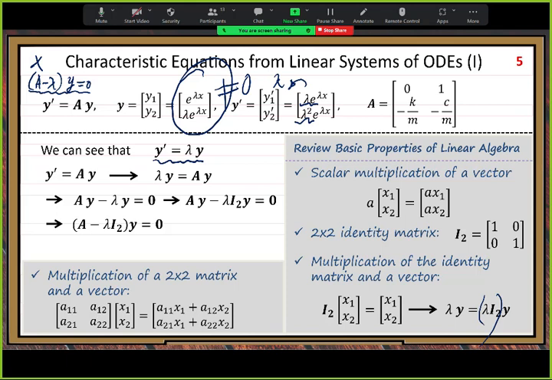That vector is a non-zero vector, as I mentioned before. Or we say a non-trivial vector. The zero vector we call the trivial vector. Non-zero we call a non-trivial vector.